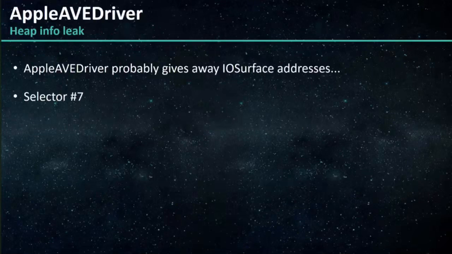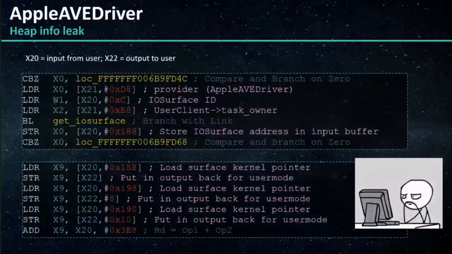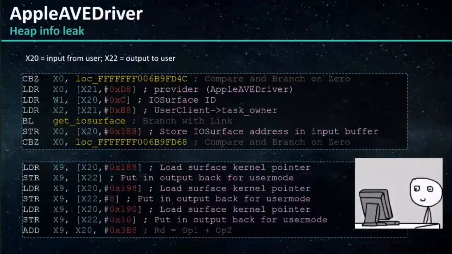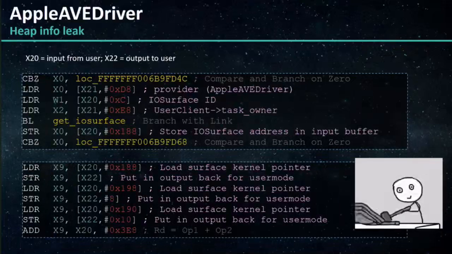So I looked for that, and in selector number 7, I saw that just like before, we can supply a surface ID. It puts that into the input buffer, but then for some reason, it takes it from the input buffer into x9, and it puts it back into the output buffer.